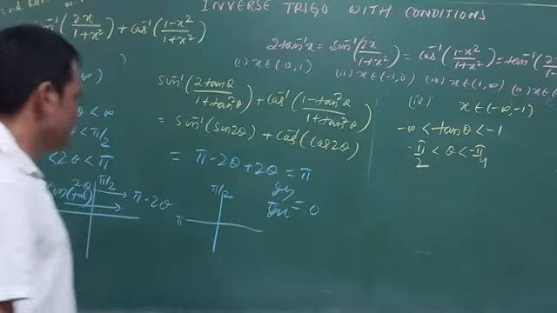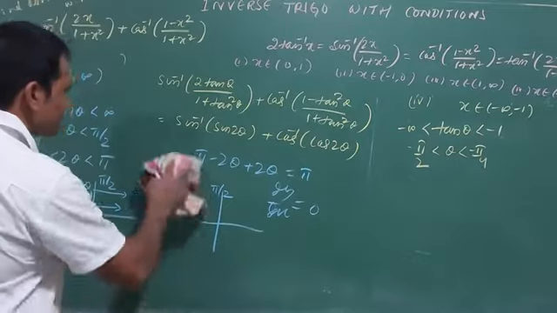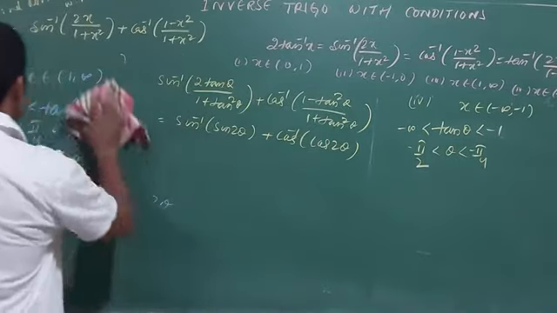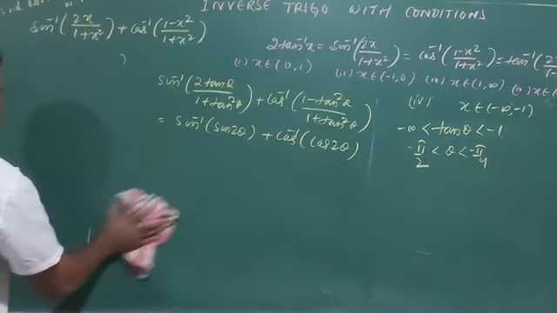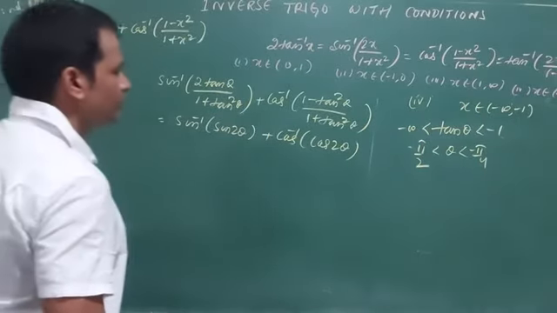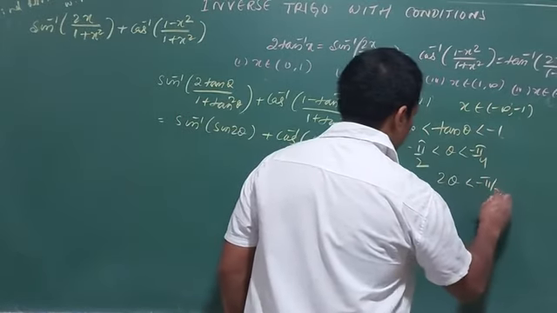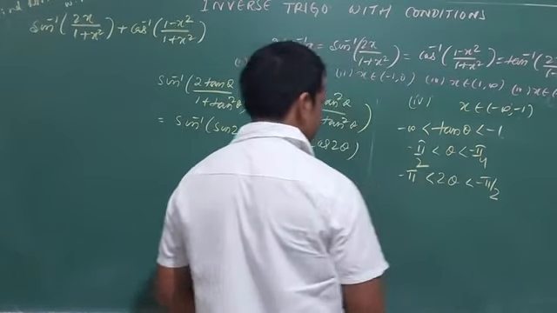Alright? Go for 2 theta: minus pi by 2 to minus pi.